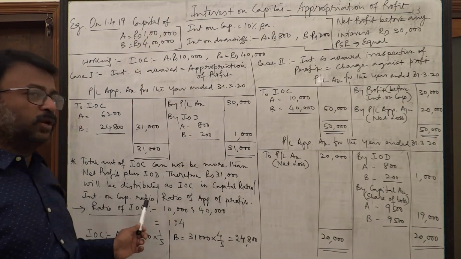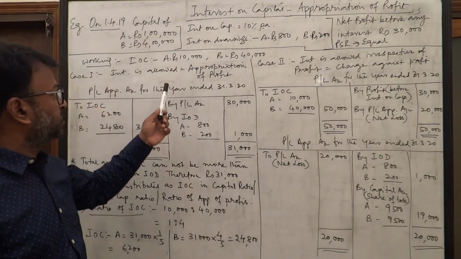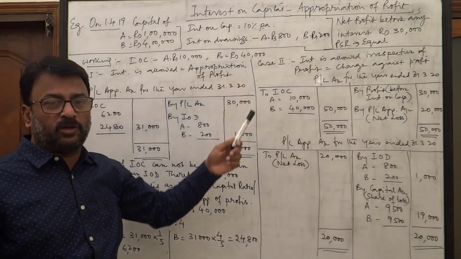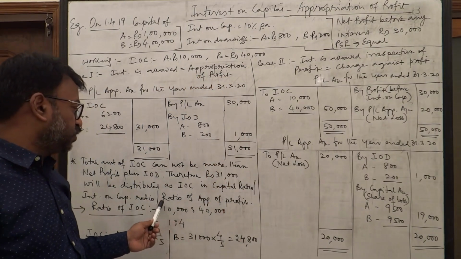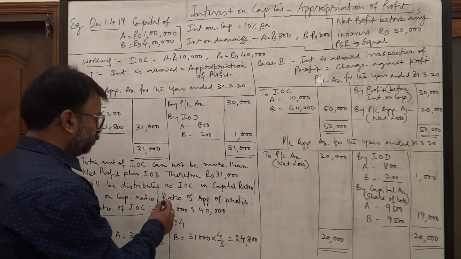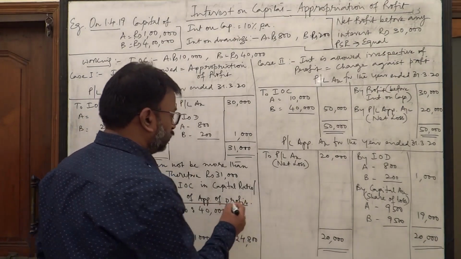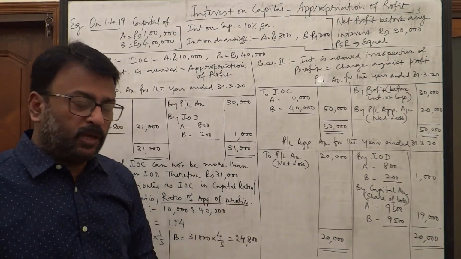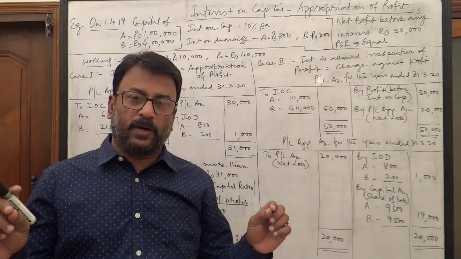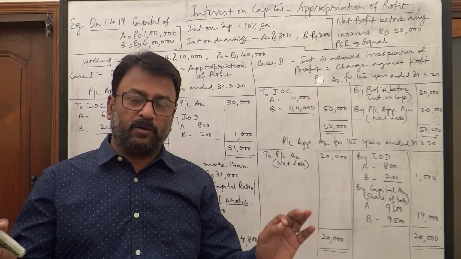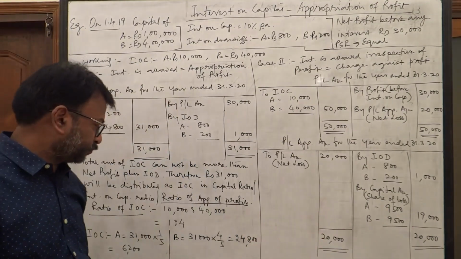In interest on capital ratio, your interest is 10,000 and 40,000, again 1:4, that also I have shown here. And the ratio of appropriation of profit, I will explain in a separate video. With one example, I will explain what that means.